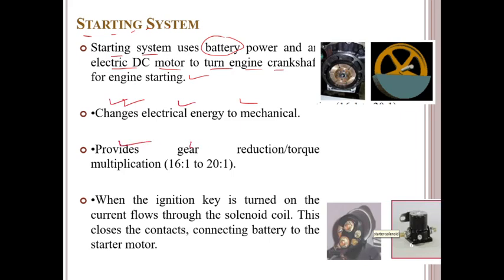It provides gear reduction and torque multiplication, about 60:1 or 20:1, which is used in a starting system.